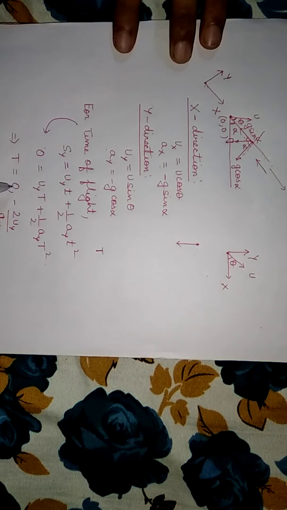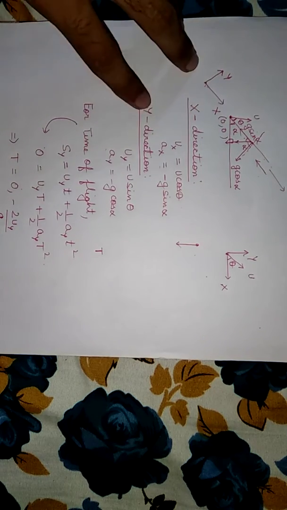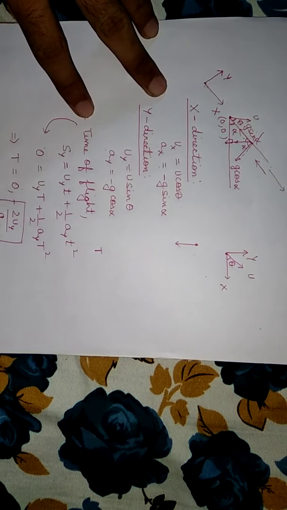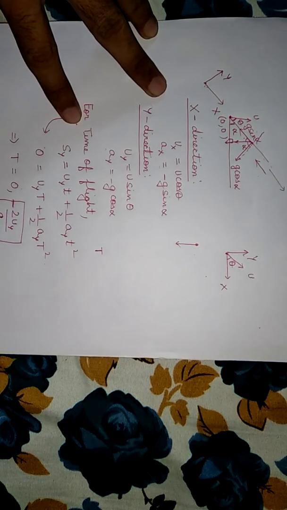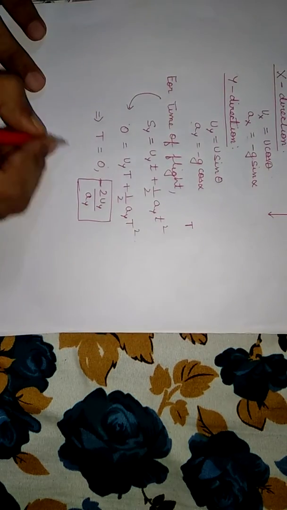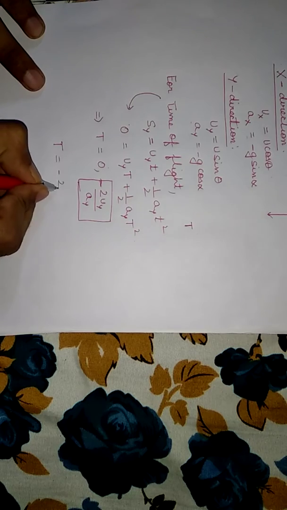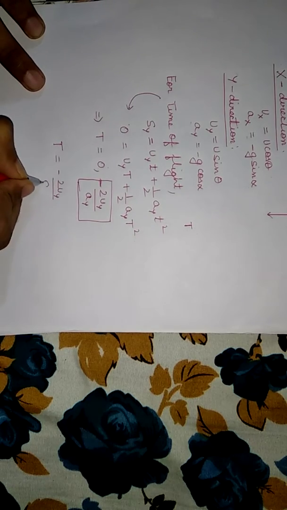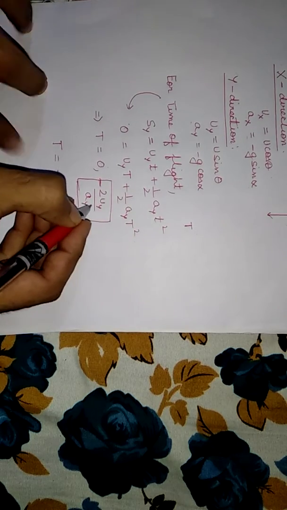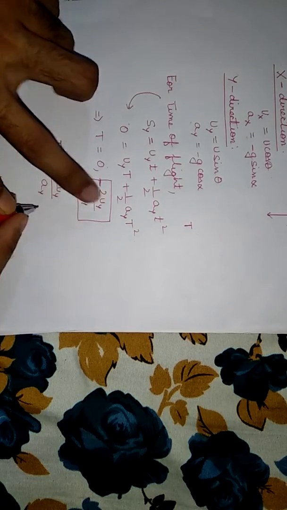T equal to 0 gives the initial time when the body is projected, and the other solution gives the time of flight. If I would like to calculate it further, I can put the values of uy and ay. Remember that although it looks like the time of flight is negative, it won't be negative.